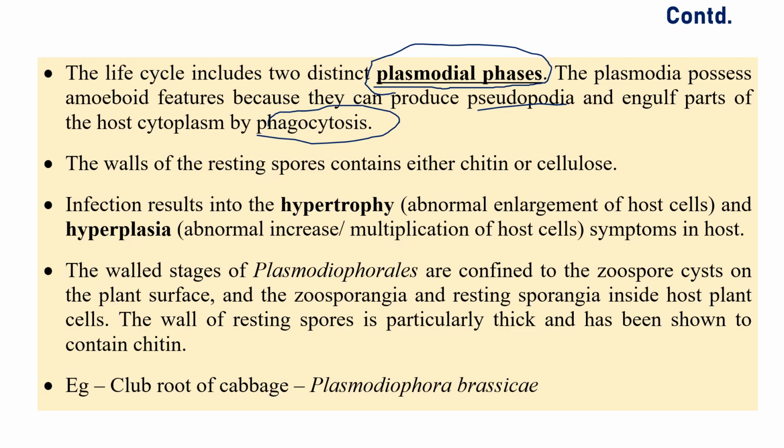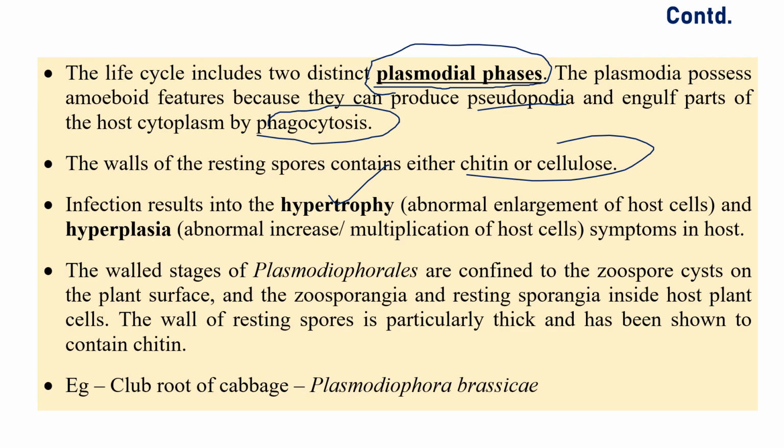The cell walls may contain chitin or cellulose. The other important thing is that symptoms are produced mainly due to hypertrophy and hyperplasia. Hypertrophy means abnormal enlargement of host cells. Hyperplasia means an increase in the number of cells, or multiplication of host cells.